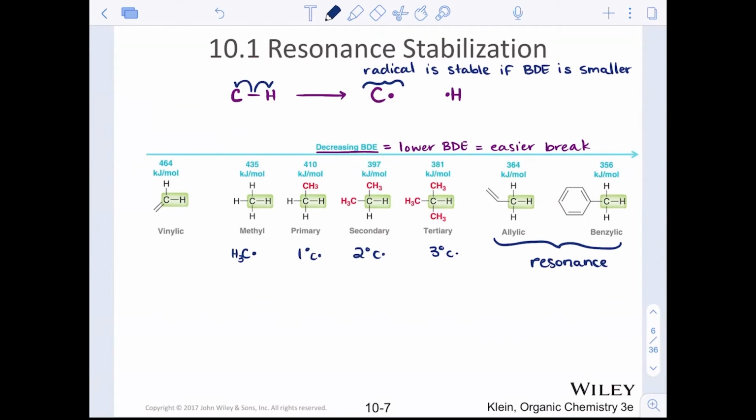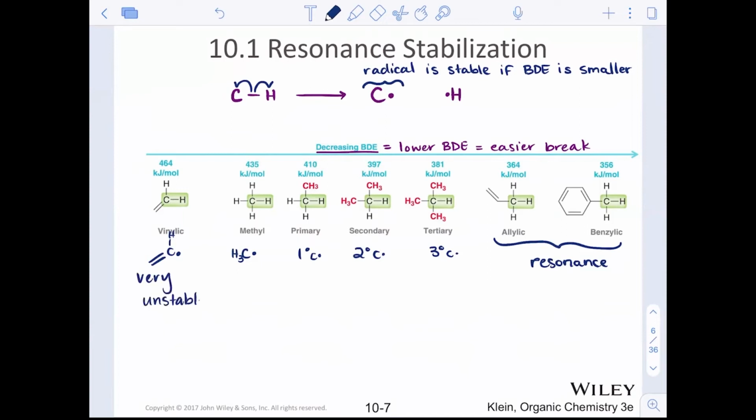When we think about that carbon that is already sp2 hybridized, pulling off that hydrogen in a homolytic reaction would result in a radical on an already sp2 hybridized center. So then you're thinking it's sp hybridized because it has two p orbitals, one for the radical, one for the pi bond. This is very unstable.